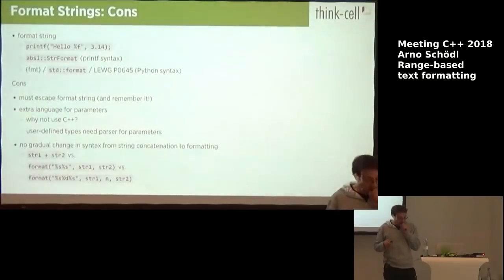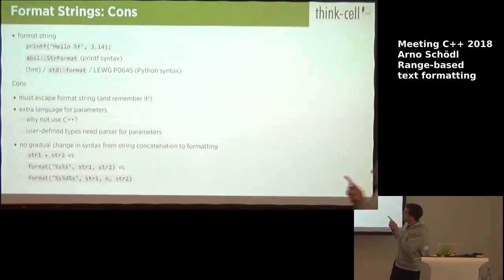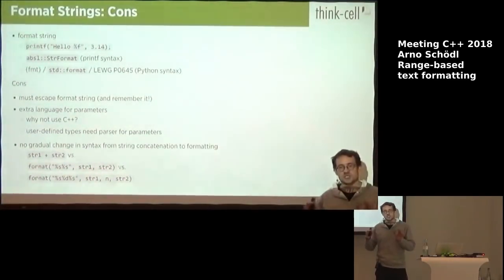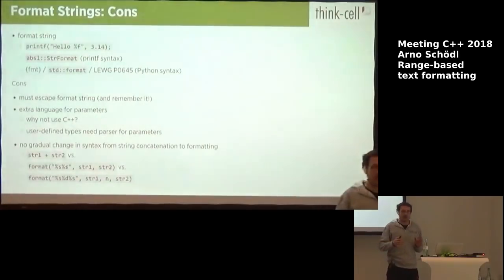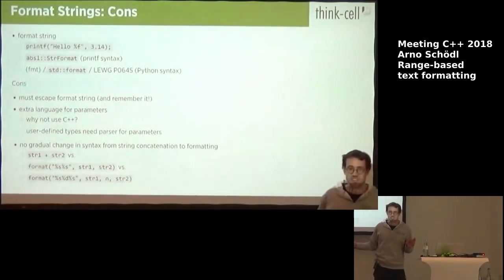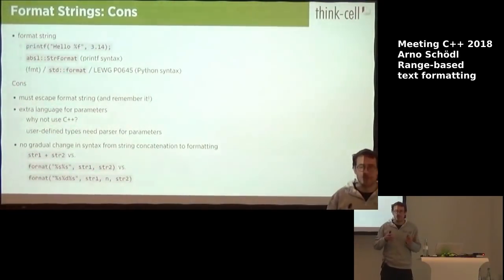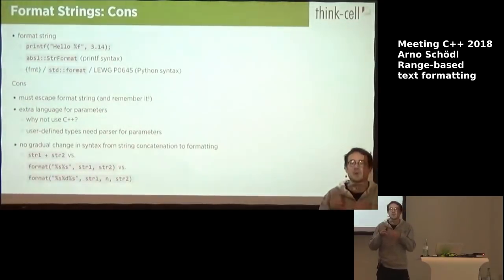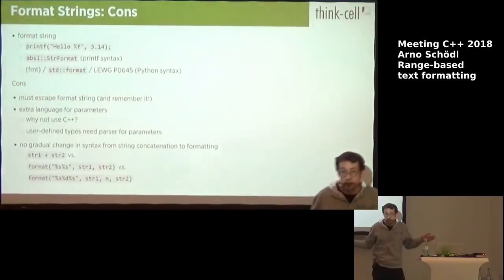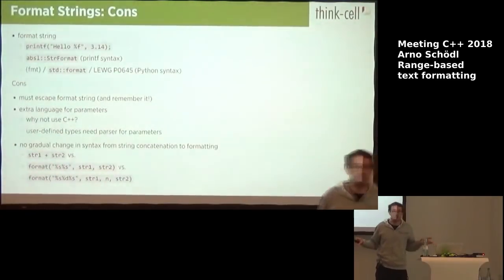Now, this is what I dislike the most about format strings. There is no gradual change in syntax from simple concatenation of strings to actually inserting something that's more complicated than simple strings. When you just concatenate strings, it's all already in string form, then you probably just want to write down the strings.